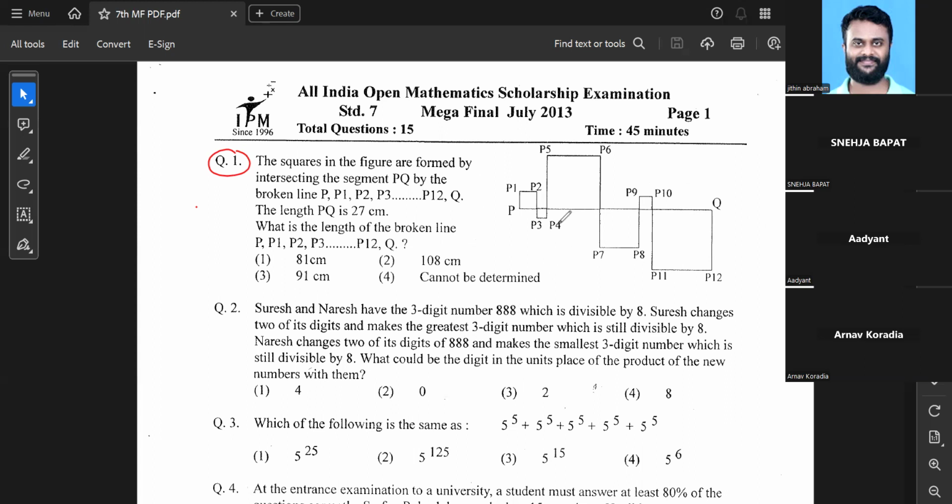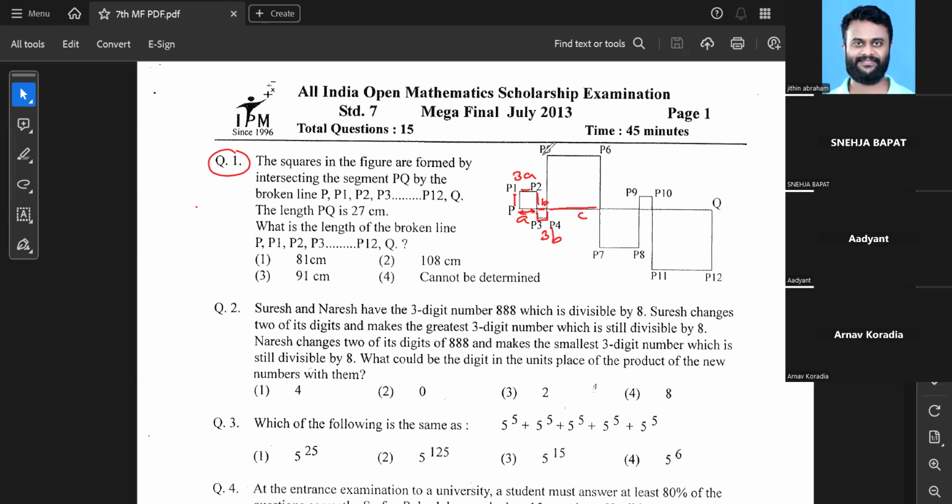First of all, if this is 27 total length, you should understand one thing. Let me consider only this part. If this length is A, then you can see that this is a square, which means this is A, A, A. So in this part, the line traveled is 3 times A. Similarly, if I consider this portion as B, then this will be B, B, B, which is 3 times B. Everywhere it's the same thing that is happening.